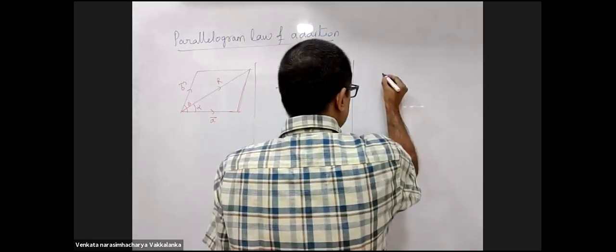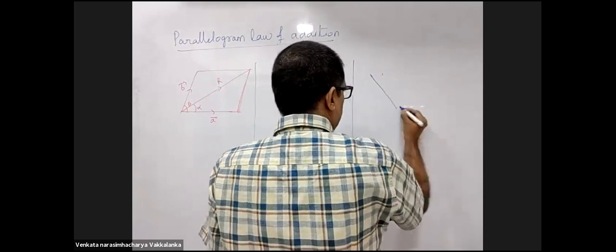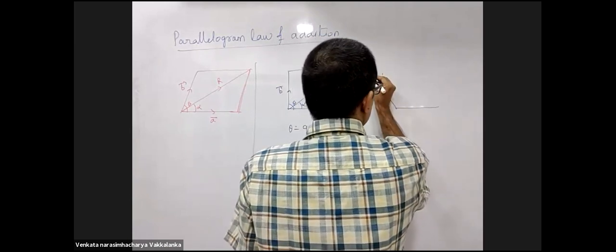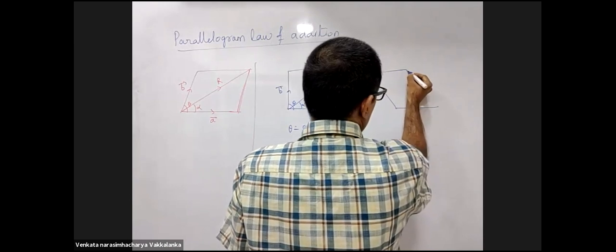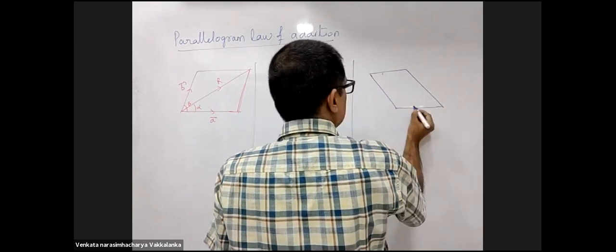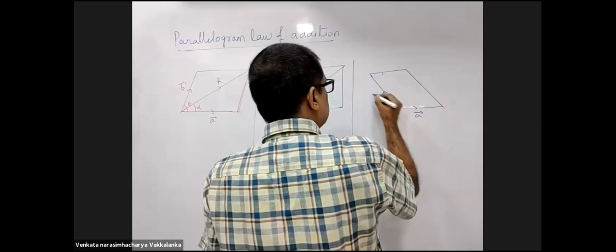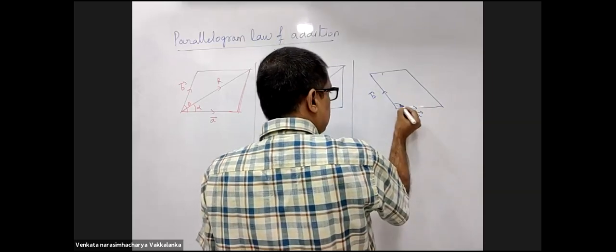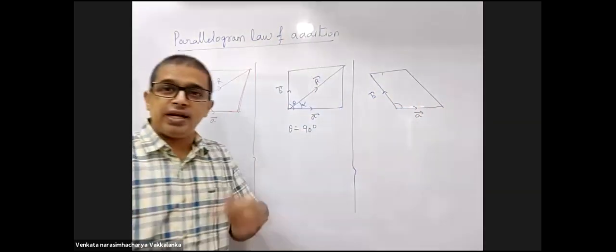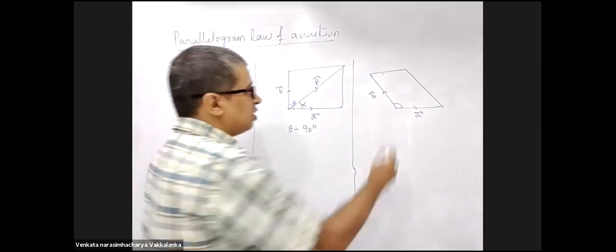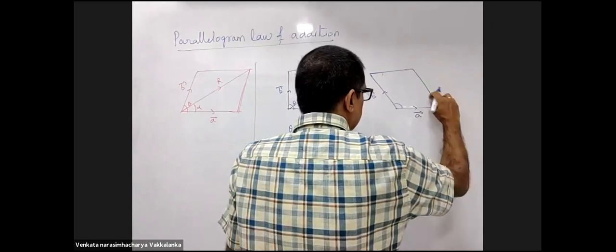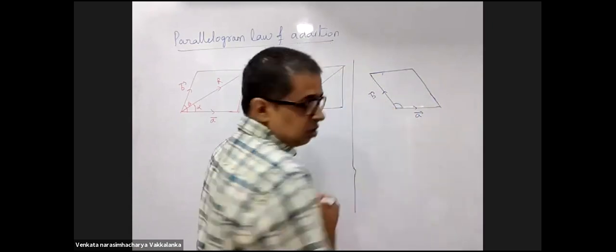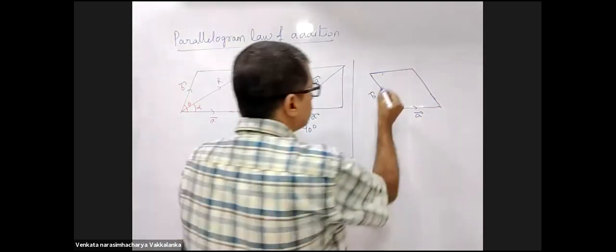What if the parallelogram is like this? You can as well have a parallelogram like this. This is A and this is B. The angle between them will be greater than 90. Theta is the angle between A and B. Does this look like a parallelogram?